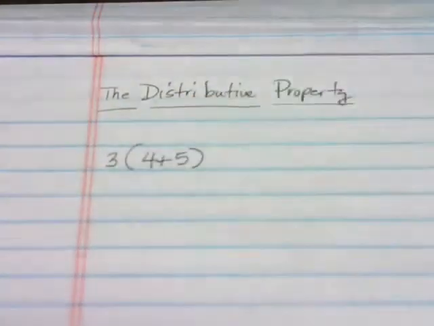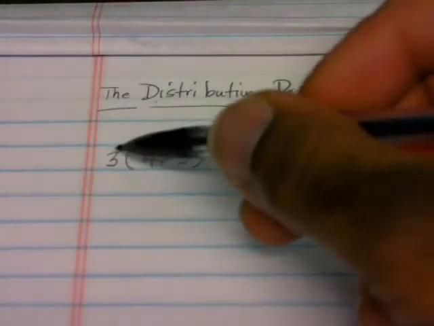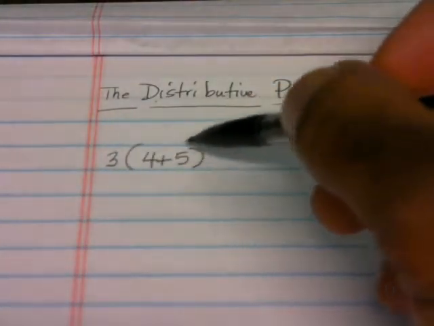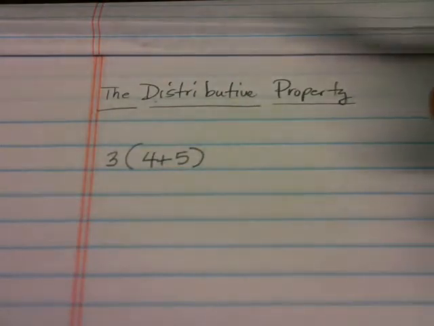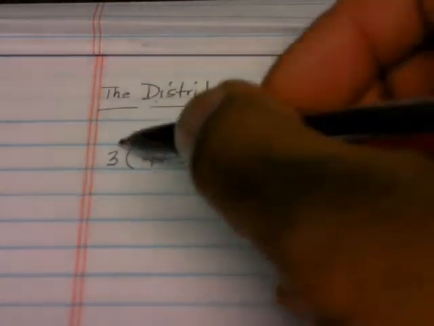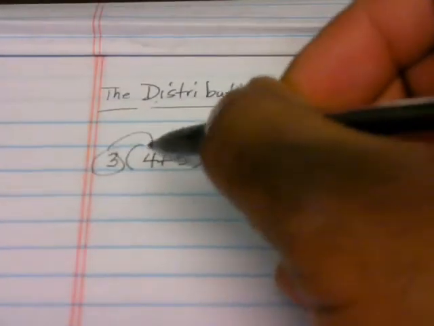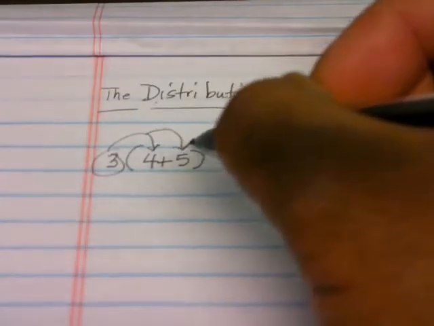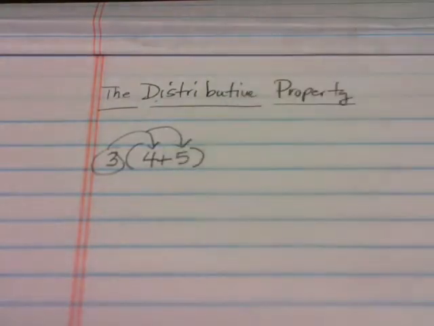For example, I have 3 times 4 plus 5. The parentheses also represent a form of multiplication. So, in using the distributive property, we're going to distribute the 3 to each term or each factor in this expression.